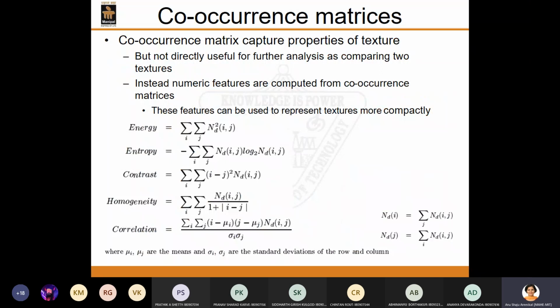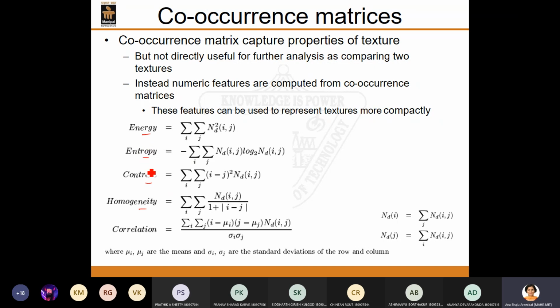So what we do further is, in order to get some quantitative measure from those GLCM matrices, further features are extracted. Different kinds of numerical measures are determined. For example, energy, entropy, contrast, homogeneity, correlation, etc. are some of the features that can be extracted from the GLCM matrices, and then we can work with these features when we are trying to process the texture.